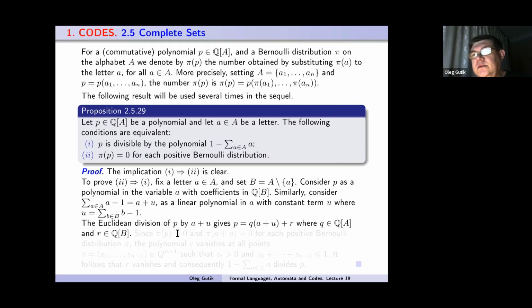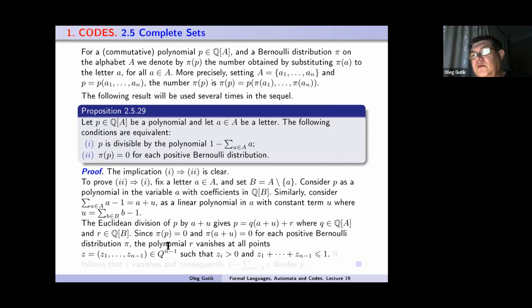The Euclidean division of P by A plus U gives P equal to Q of A plus U plus R, where Q is a polynomial over the alphabet A capital and R is a polynomial over the alphabet B capital.